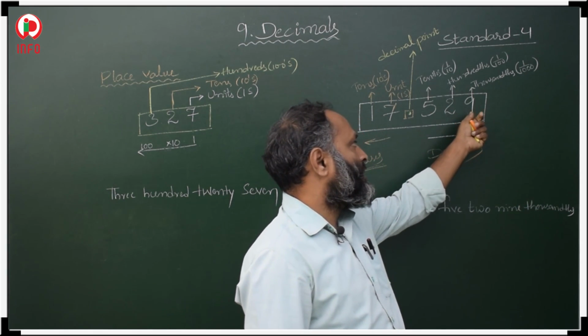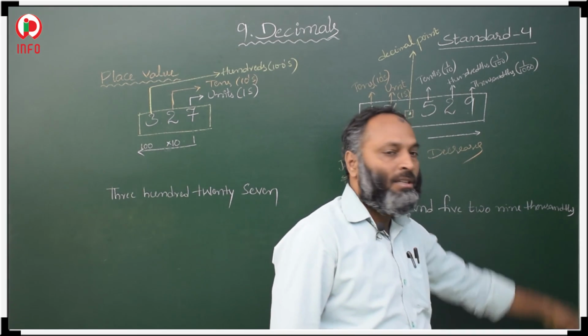The last place value is in thousandths, so we have to write thousandths.